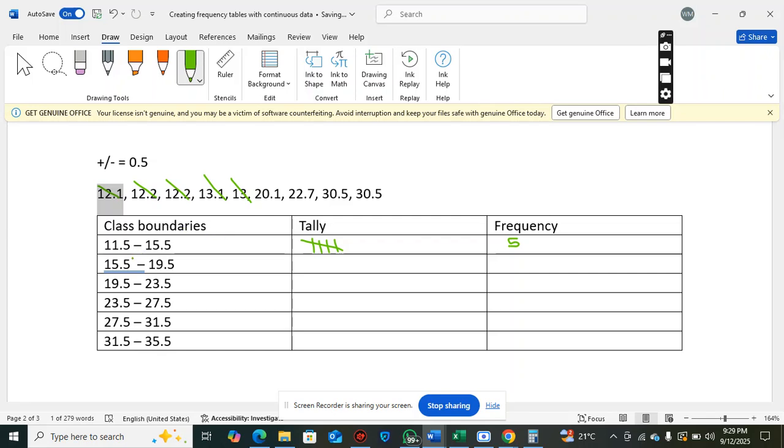Between 15.5 and 19.5, no numbers. So no tally mark, frequency 0. Between 19.5 to 23.5, we have 1, 2.